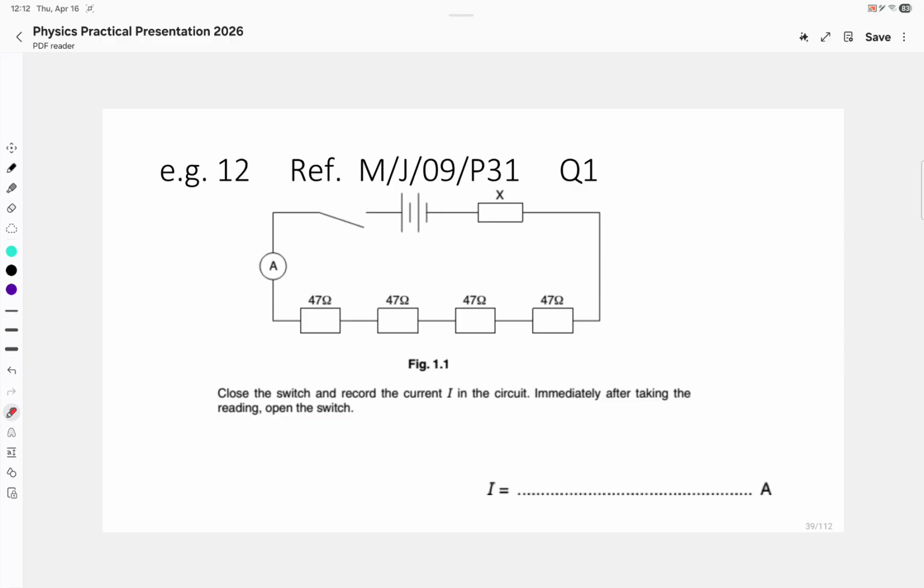Whenever an ammeter is given to you, guys, always remember, first of all, it is connected in series with the rest of the circuit, and secondly, an ammeter itself is a sensitive device. So if you leave the circuit switched on and current keeps going in the circuit, it may increase the heating effects, which may spoil the internal circuitry of the ammeter, and the ammeter will be blown up.